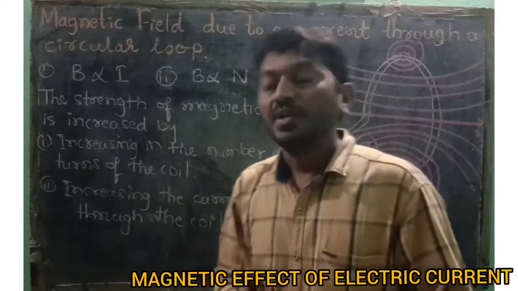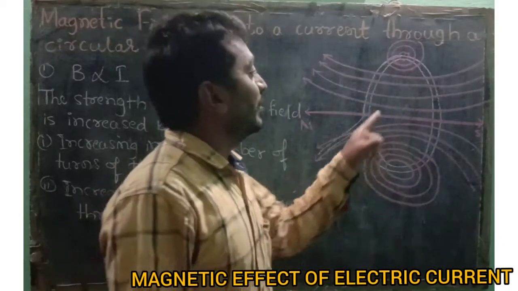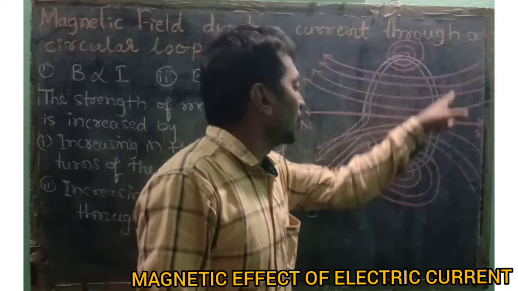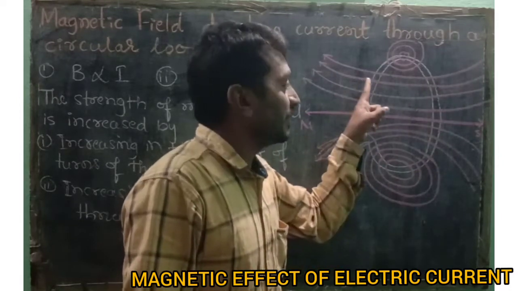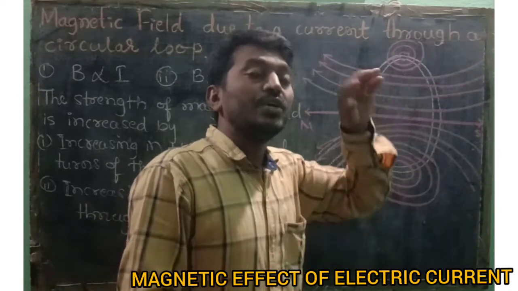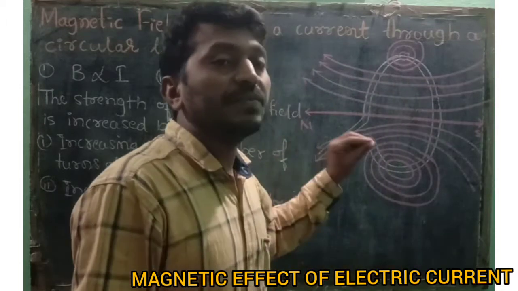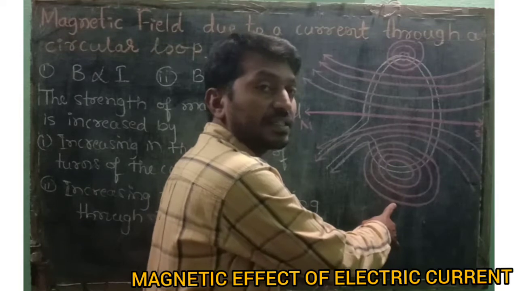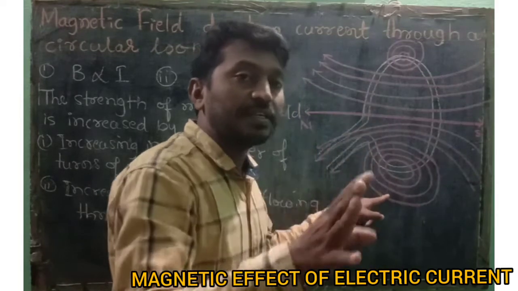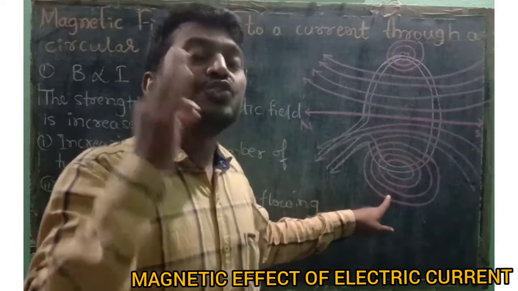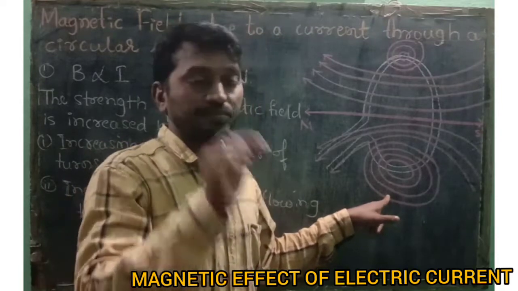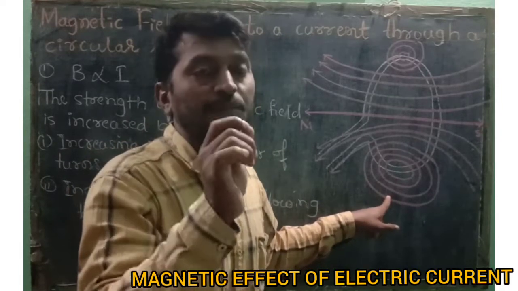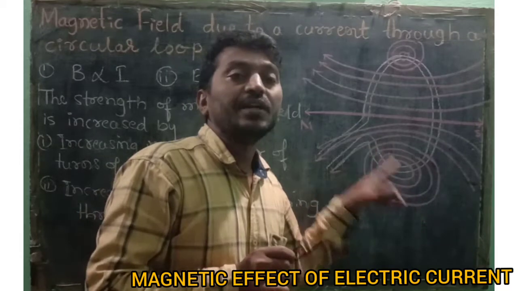What happens when current flows through a circular loop? A magnetic field is produced, right? So here also the magnetic field is produced in the form of concentric circles. Concentric circles means circles which have the same midpoint or center point but different radii.